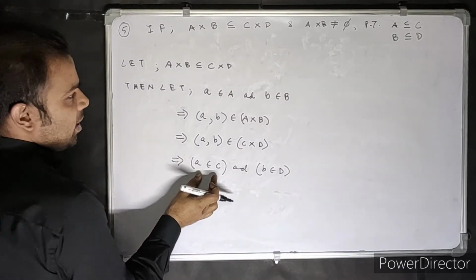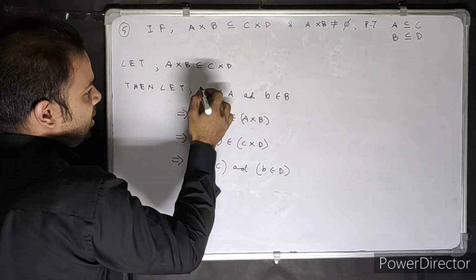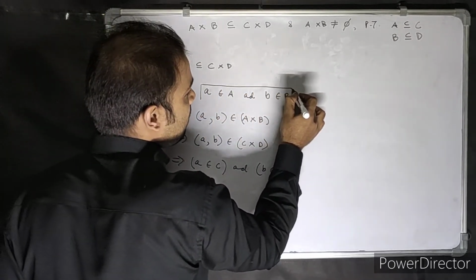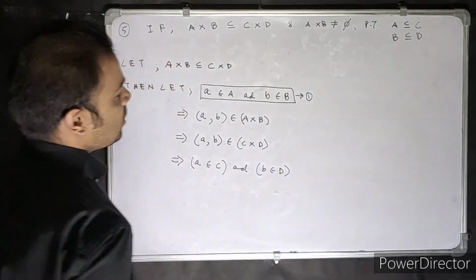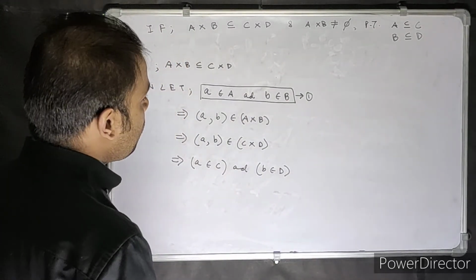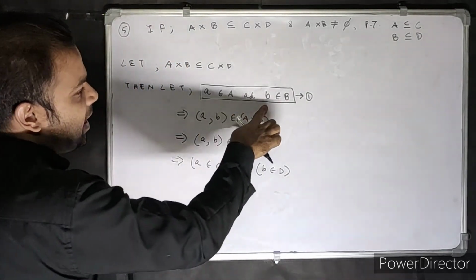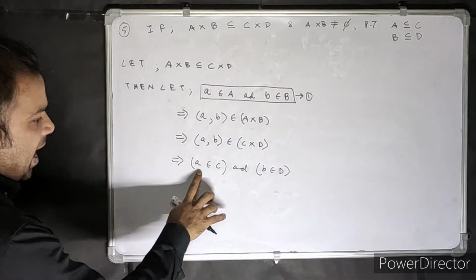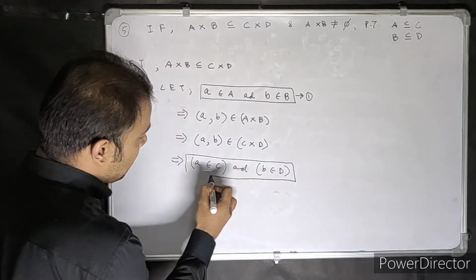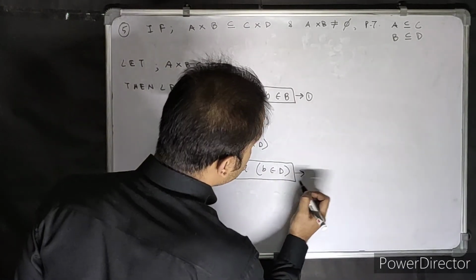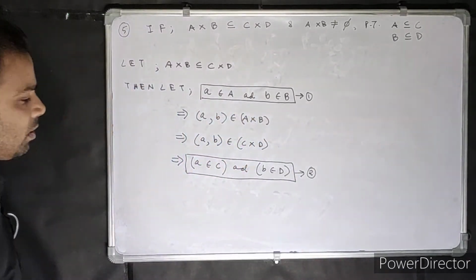See, we started from here, part 1, this is your equation 1. We have started from here: a belongs to the set A and b belongs to the set B. And we got over here in the second part, a belongs to the set C and b belongs to the set D, right?